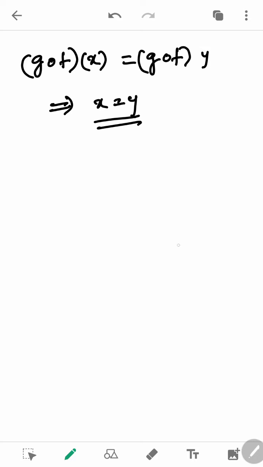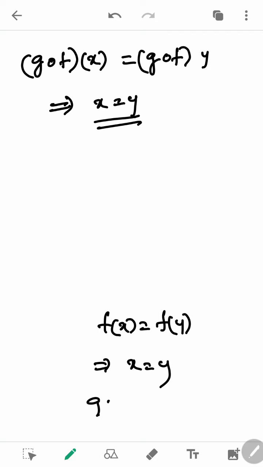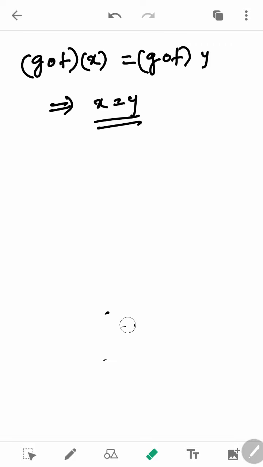What is given? g and f are injective. That means f of x is equal to f of y implies x is equal to y. Similarly, g of x is equal to g of y implies x is equal to y. That is the injectiveness of f and g.